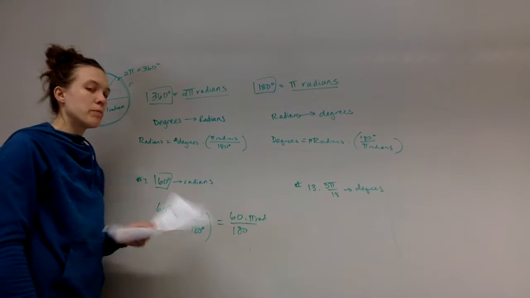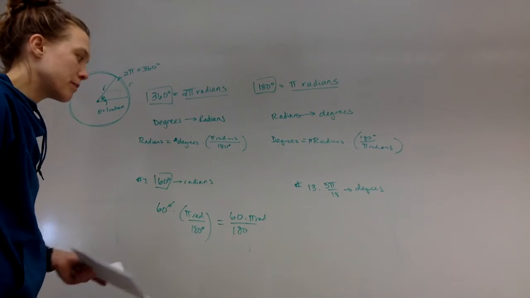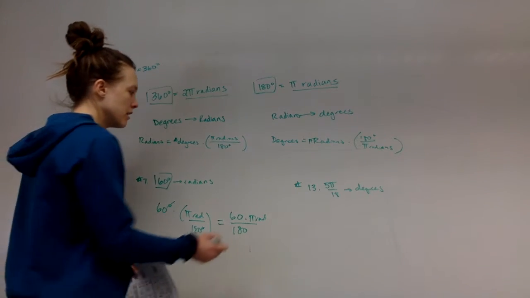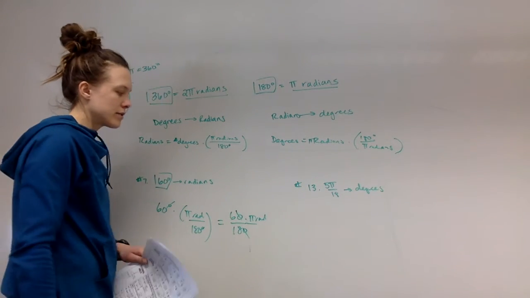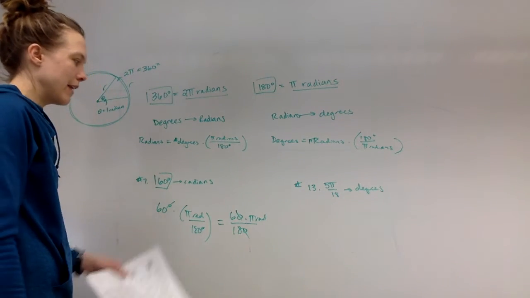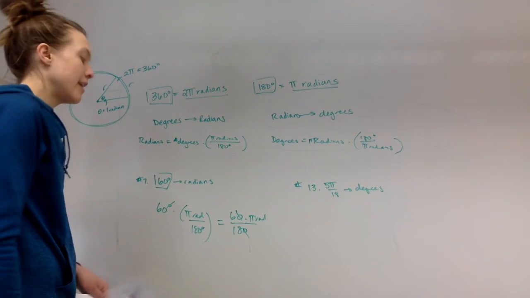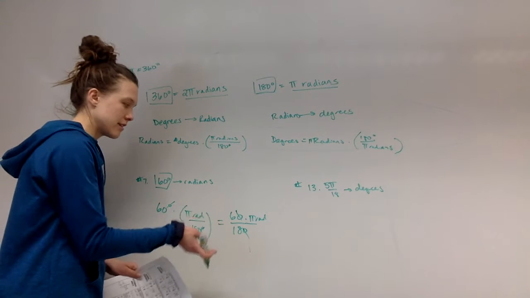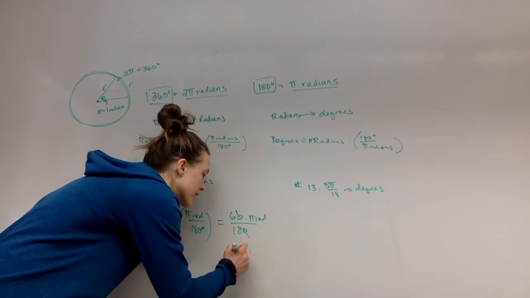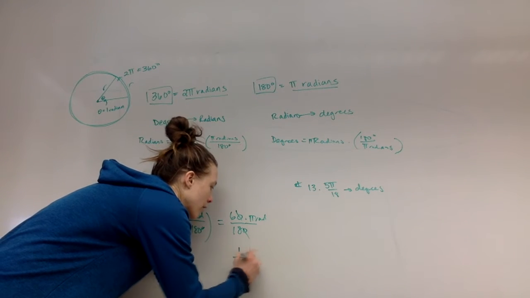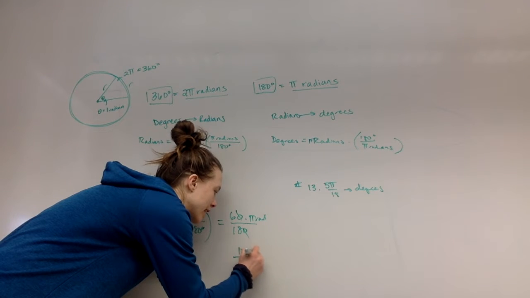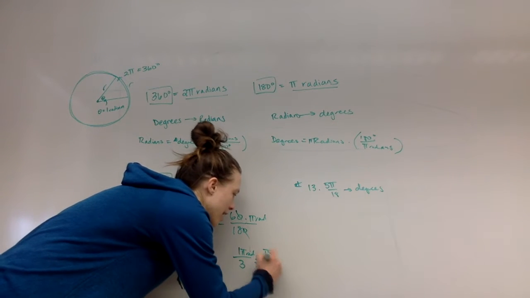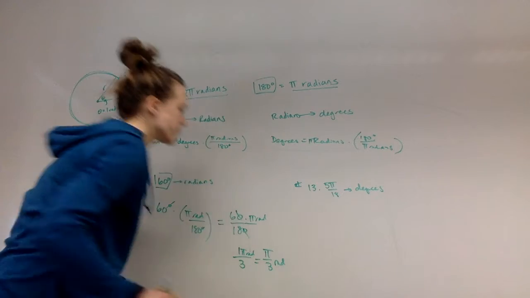And so when you put this in your calculator, or if you're simplifying, you might say, okay, well, I can cancel those zeros, I can cancel out a factor of 10, and then I'm left with 6 over 18, and I know that 6 goes into 18 3 times, so I know I'm going to be left with 1 over 3 pi radians, which simplifies to pi over 3 radians.